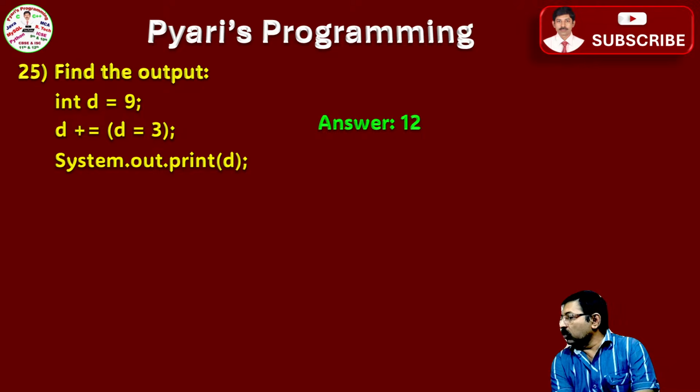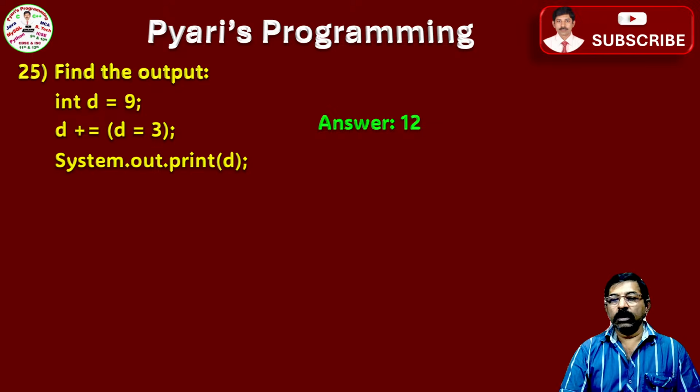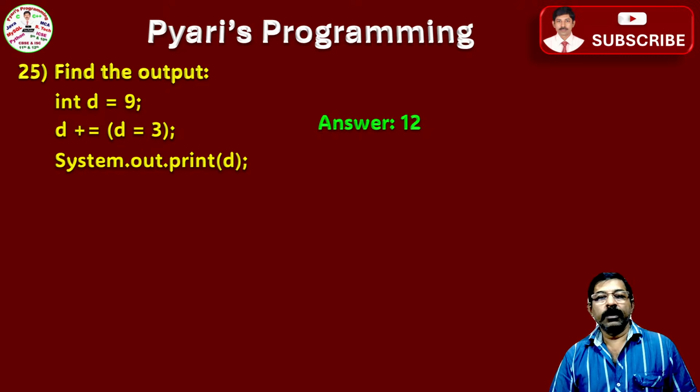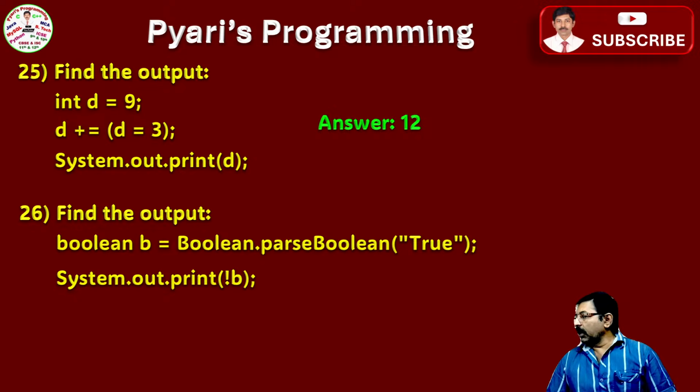Then D is equal to 3. Later on D is assigned 3, good. So 9 plus 3 is equal to 12. Find the output. Next one.